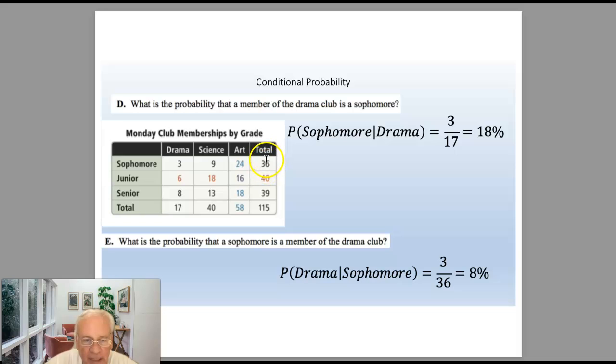Of those, how many are in the drama club? 3 of them. So 3 out of 36, that's 8%. That's conditional probability. We have a line right here. We limit the original sample size. Instead of 115, I'm only talking about the 36 that are sophomores.